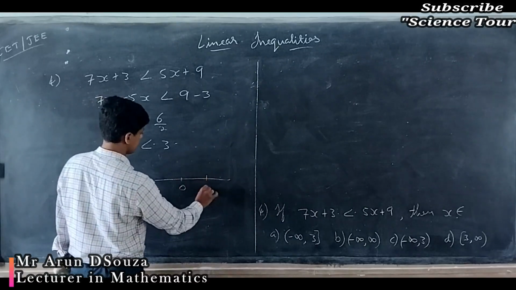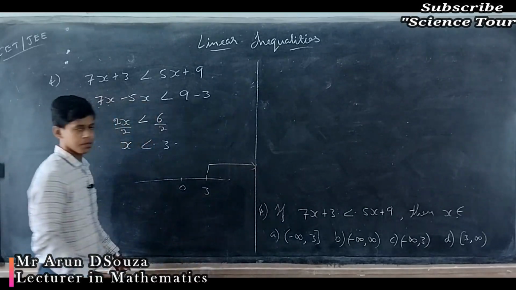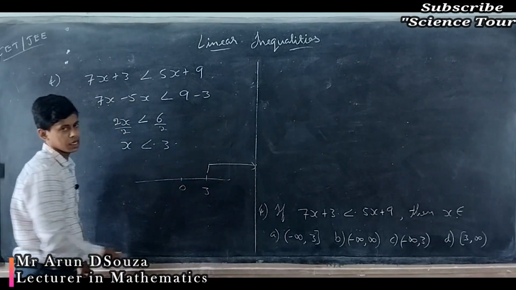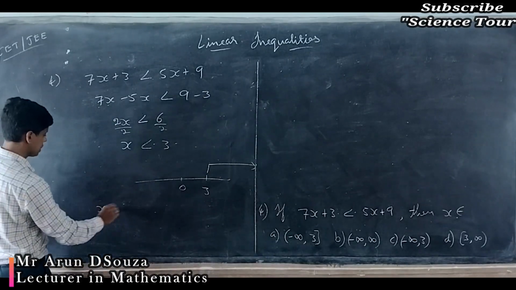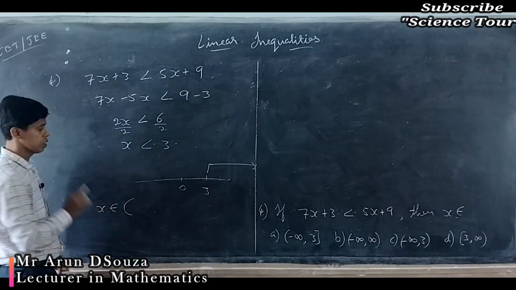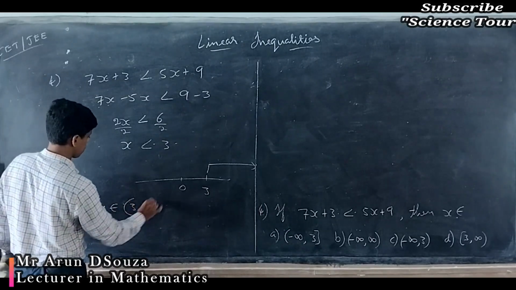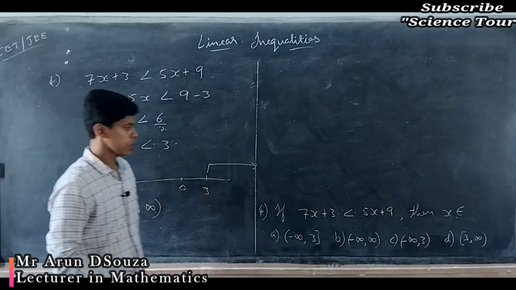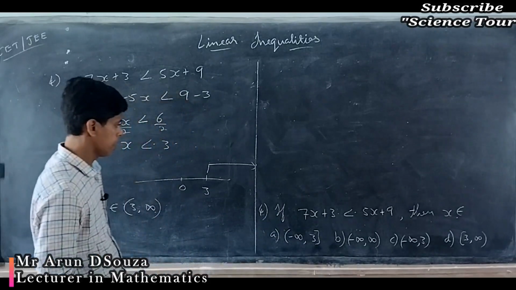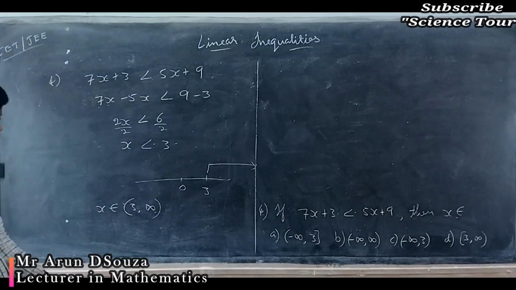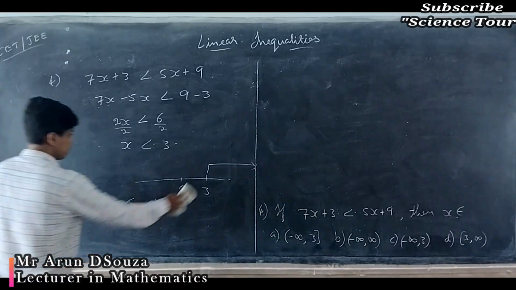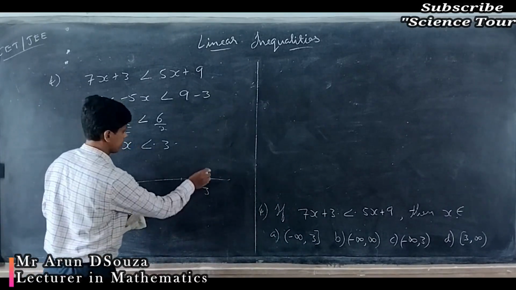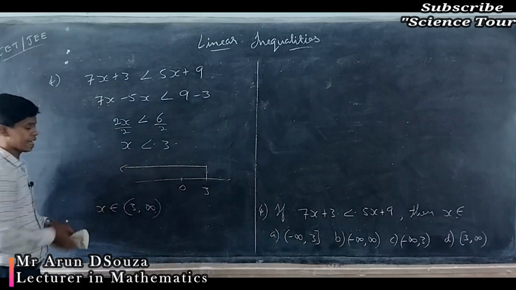So 3 till infinity, and you don't have equal sign, that means x belongs to the open interval 3 comma infinity. So where do you see 3 comma infinity? All right, x is less than, I'm sorry, x is less than 3, so not greater than, so that way.